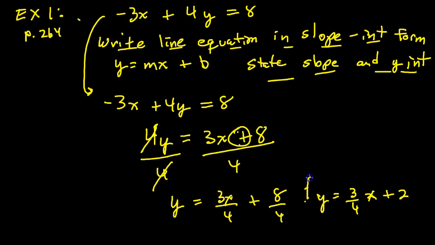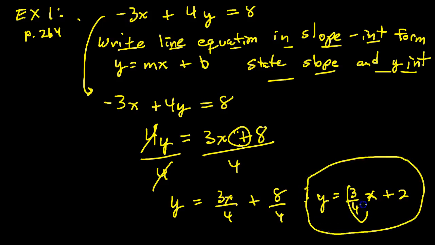This line is in slope-intercept form, y equals mx plus b. The slope here, the x coefficient, is 3/4, and the y-intercept is 2. So slope of 3/4, y-intercept of 2. Okay?